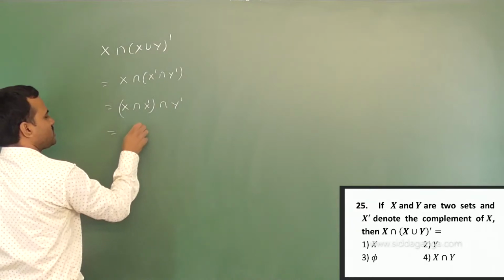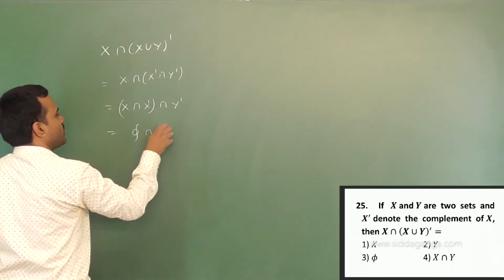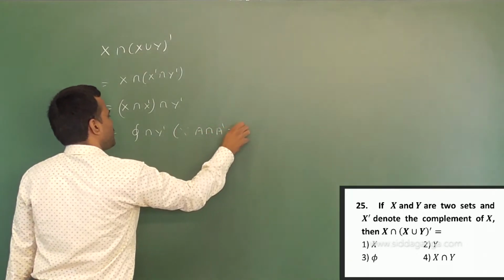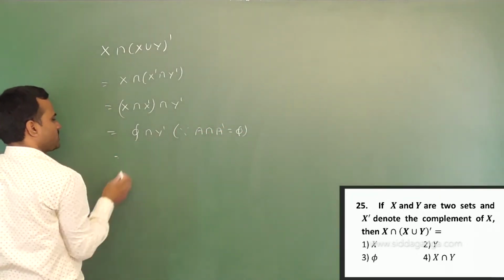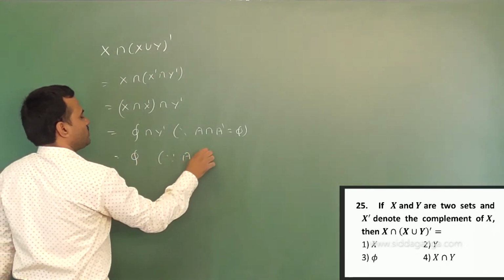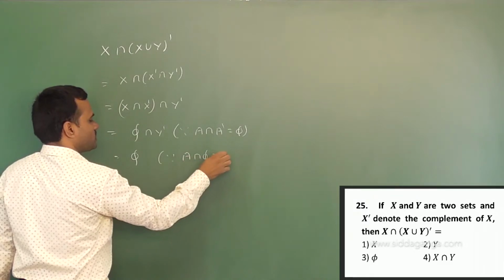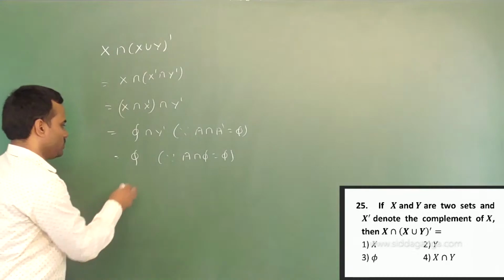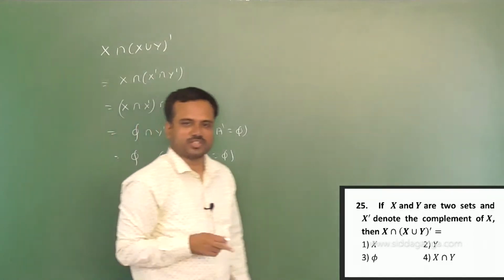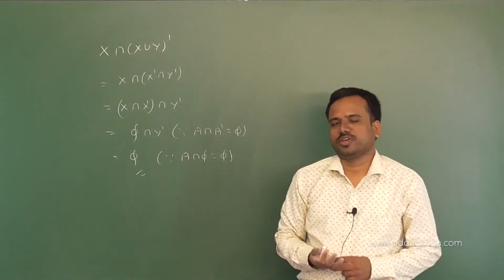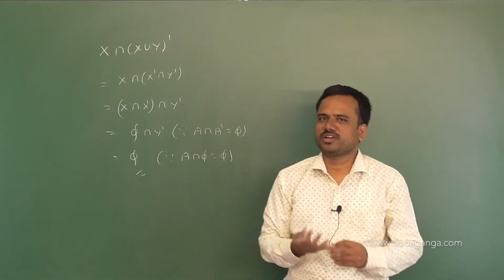X intersection X dash is empty, and empty intersection Y dash is also empty, as we saw in the properties of intersection and union. So the answer is empty. The option is the third one. Okay, thank you. We completed all the questions.